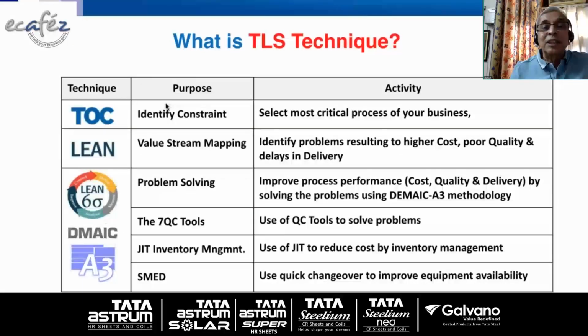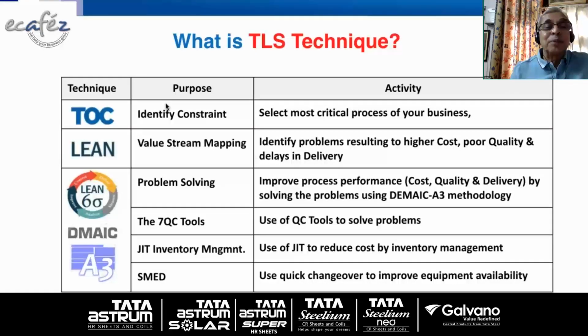Once the value stream mapping is done, that helps us to clearly identify the problems which are enhancing the cost, which are adding problems for the competitiveness. So we get a very clear, very authentic picture, using a powerful tool, of what exactly we need to address to become more competitive.